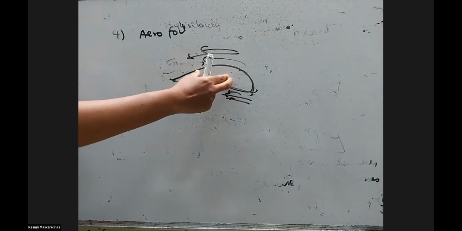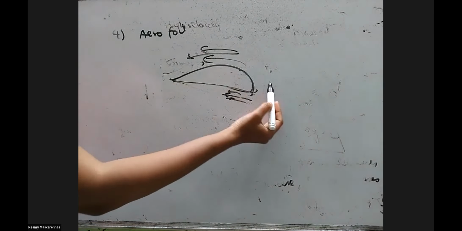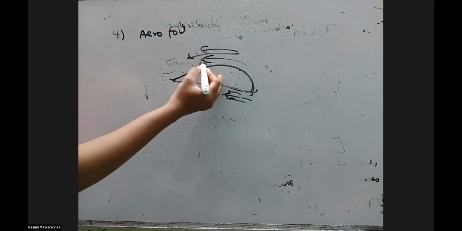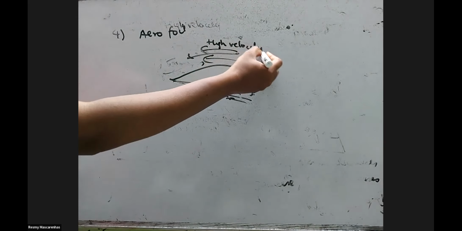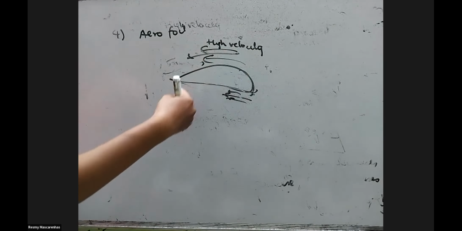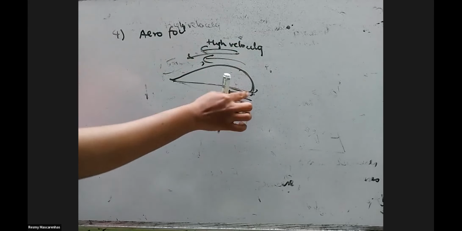But this aerofoil is designed in such a way that the air blowing above it will always flow at high velocity. This curve is designed so that the air blowing over the top will be at higher velocity.